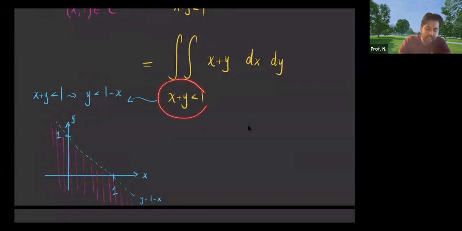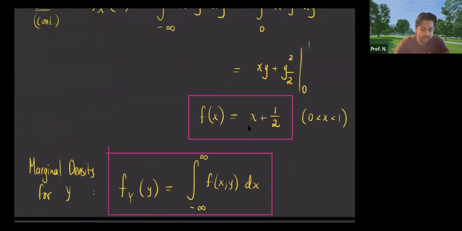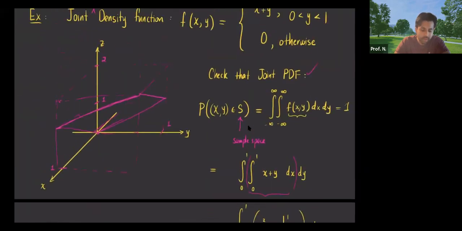Now, how do we relate that to our example? Well, x plus y, there's no reference to z, right? So we're not dealing with z. We're dealing with what? The x, y plane. So if I were to draw that here, this dotted line is y equals 1 minus x.